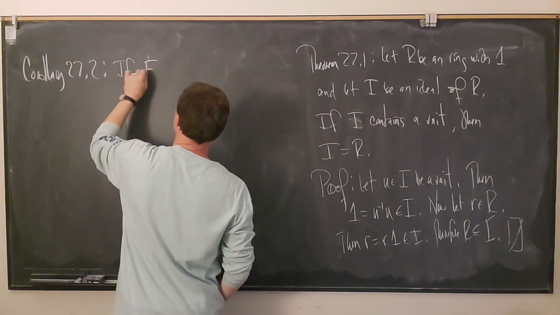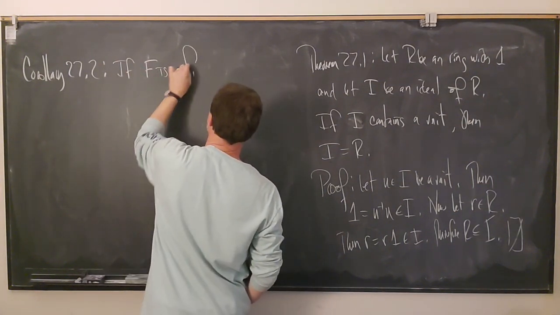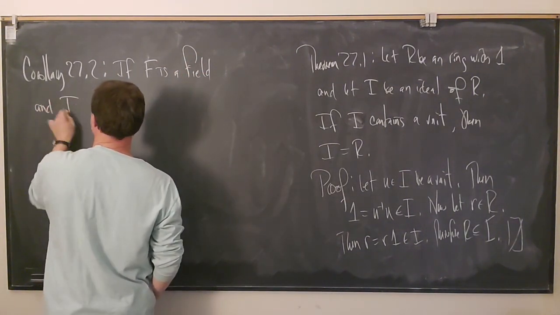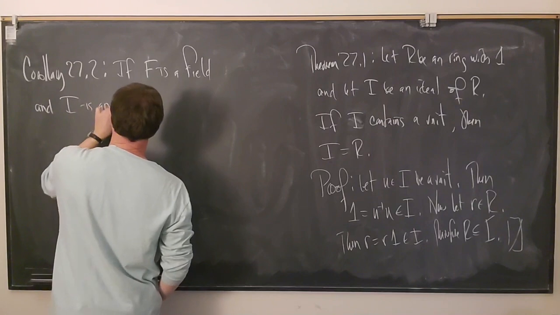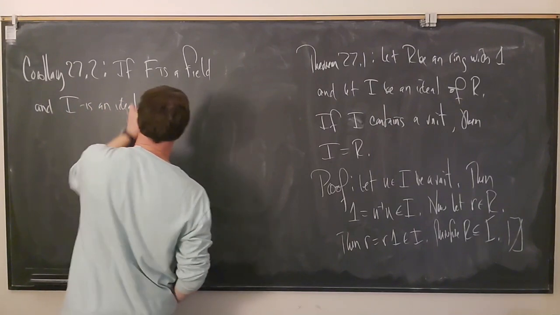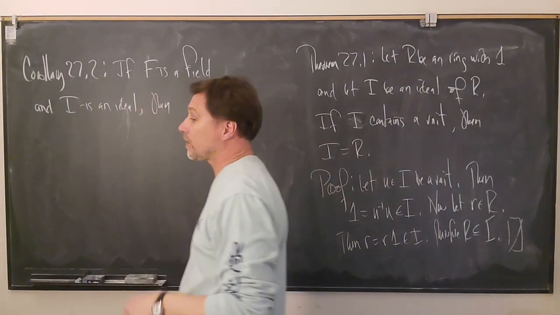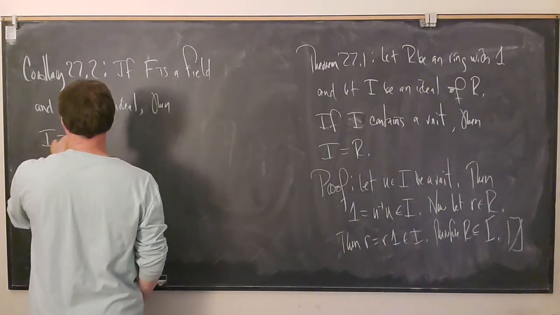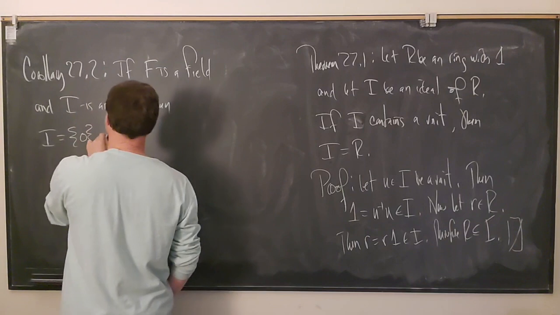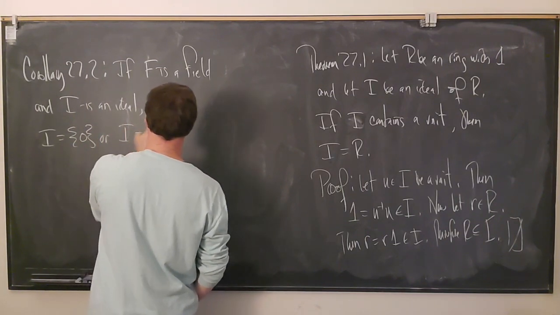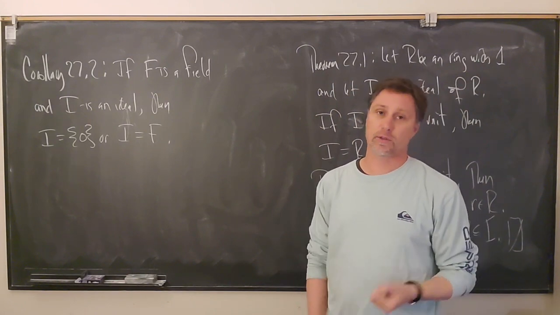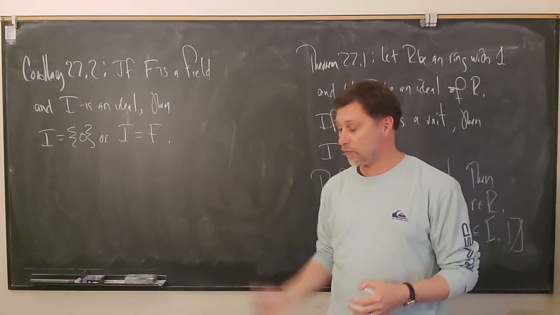If F is a field and I is an ideal, then you only have two options. Either I is trivial or I is all of F. So fields have no interesting ideals, right? They have the trivial ideal and the whole field, and that's it.